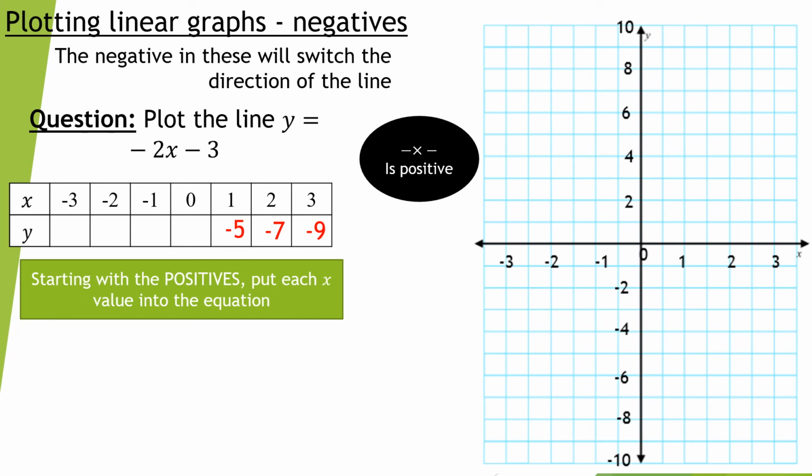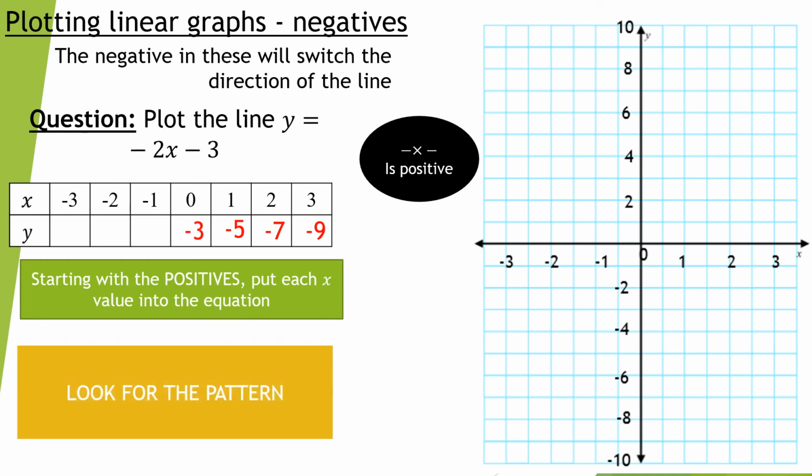I'm going to look for a pattern, and I can see that it's going up in 2s every time. So if 2 up from minus 5 gives me minus 3, and I've got minus 1, 1 and 3. And now I can plot my coordinates as so, and they all fit nicely in a straight line, and I'm going to get all my marks.